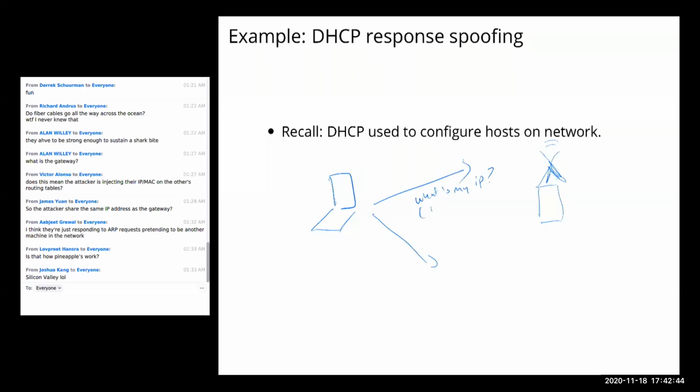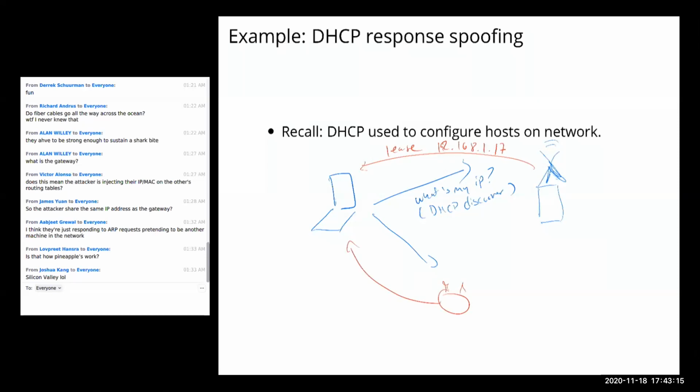So this is the DHCP discover message. Now, typically what happens is this DHCP server will respond back with, hey, here's a lease. Your IP address is 192.168.1.17, right? But if there is a local attacker, this attacker can happily respond as well.